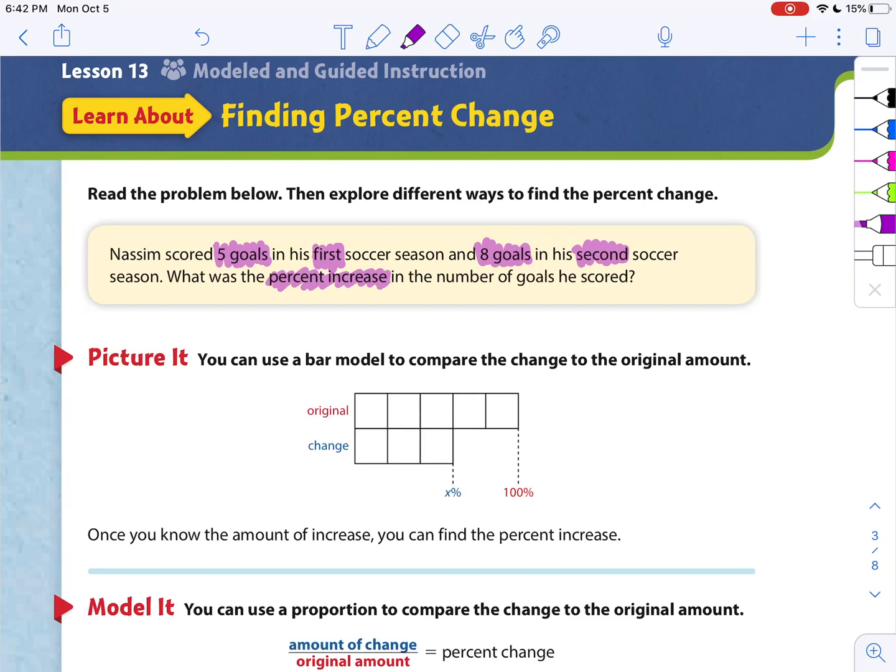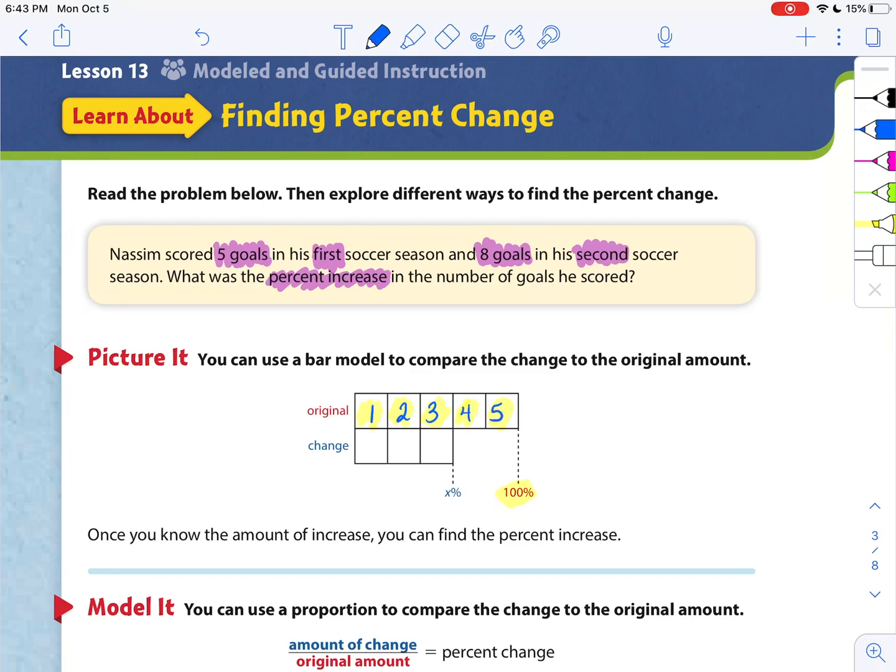So remembering the original is 100%. We know that originally in his first game, he scored 1, 2, 3, 4, 5 goals. So that's why we have 5 boxes, 1 to represent each goal.